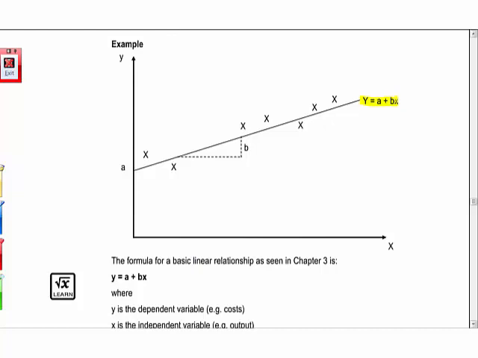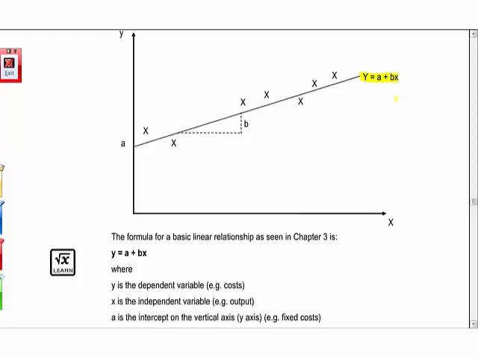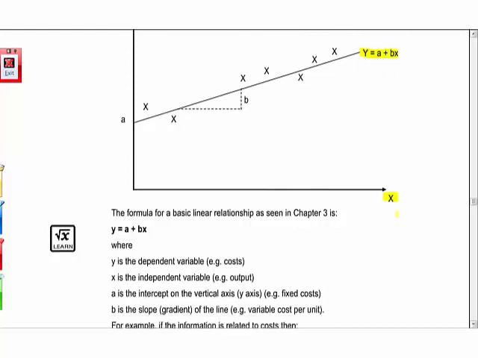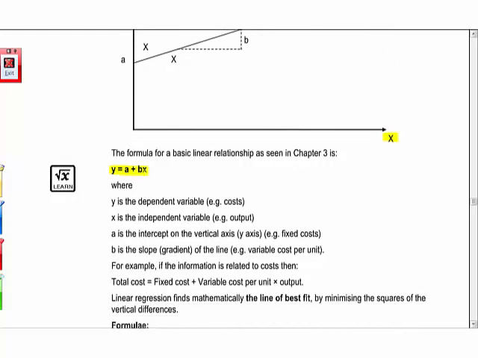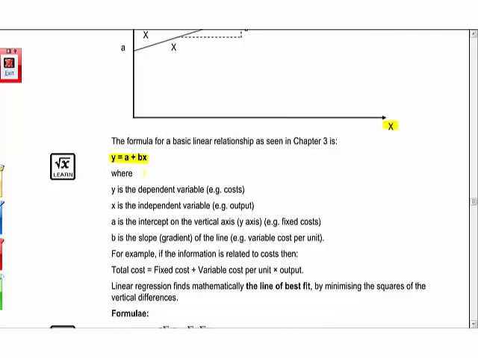And for costs then in chapter 3, we saw this as the total costs y are equal to the fixed cost a plus the variable cost per unit b times the number of units produced, so times the output. So we need to remember this formula, y equals a plus bx.